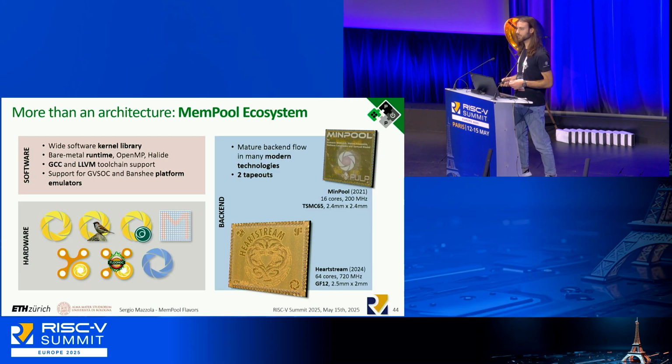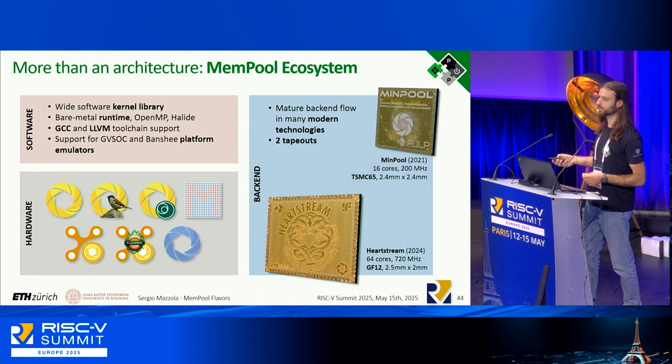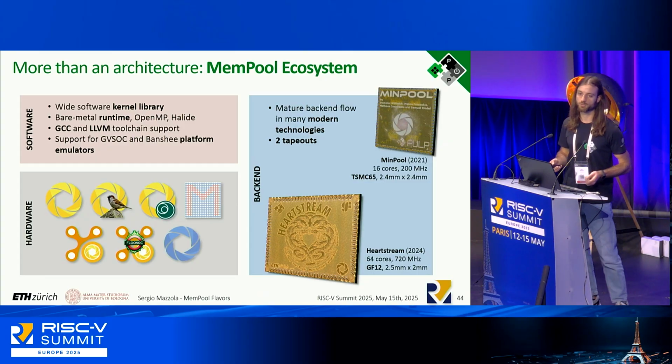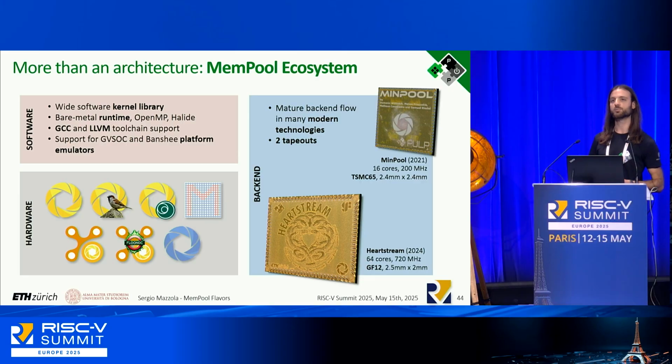Also on the physical implementation side of things, we have mature backend flow in many modern technologies, and we have already 2 tape-outs. And the latest of them is Hardstream, which was freshly taped out last year, and it implements 64 cores of MemPool in GlobalFoundries' 12-nanometer technology.